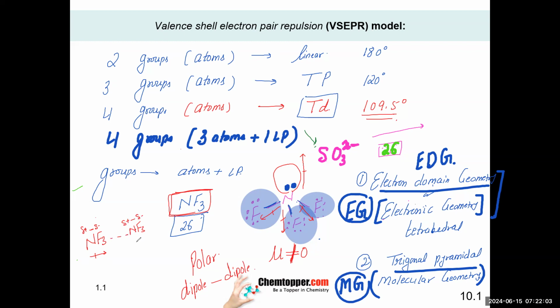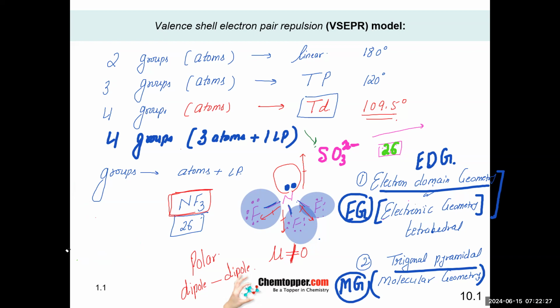Then they are attracted, isn't it? Plus and minus attracted to each other. Nitrogen of one molecule attracted to fluorine of the other molecule. This is dipole-dipole. We are going to do more detail later, just a symbolic explanation so that if I say polar, you can say dipole-dipole, right? So this molecule is polar.